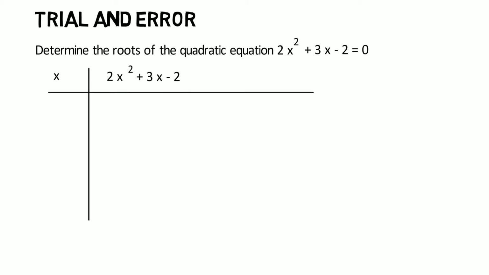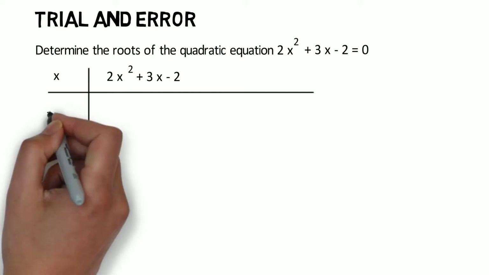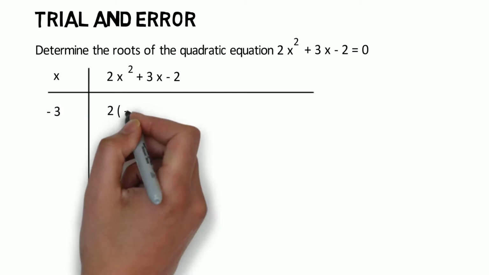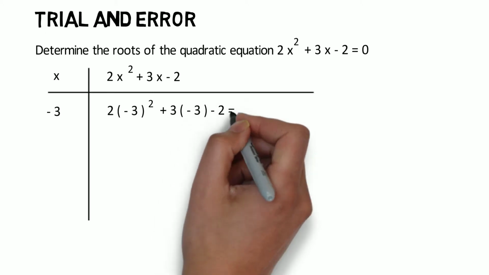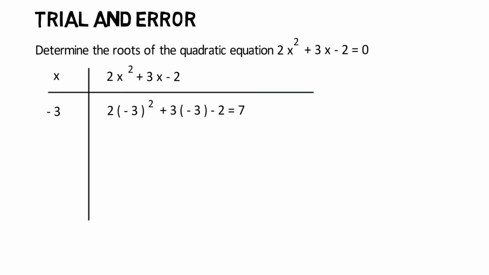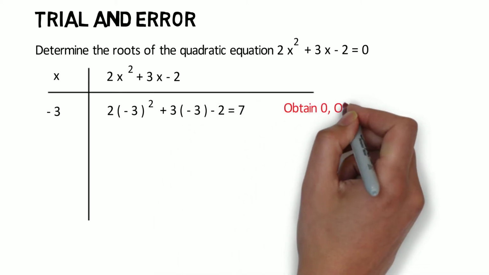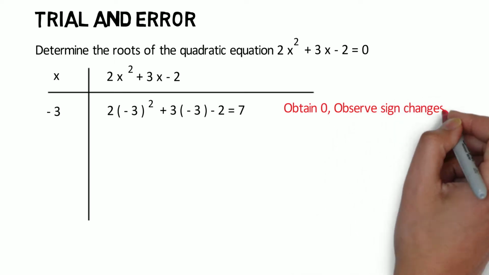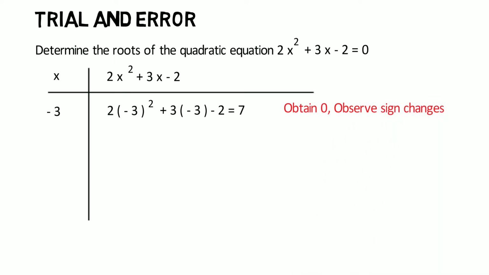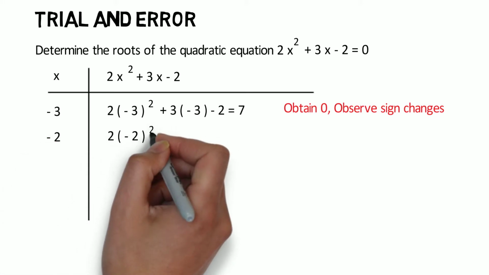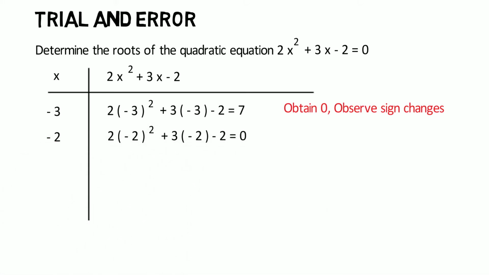So let's just start with a random number. Let's say x equals -3. So after some calculations, we get an output of 7. So our goal would be to obtain an output of 0 or a sign change, let's say from positive to negative. So let's keep trying with x equals -2 and we get an output of 0.